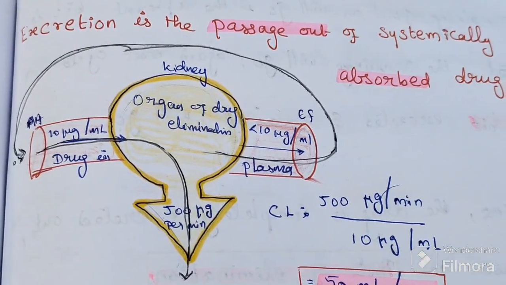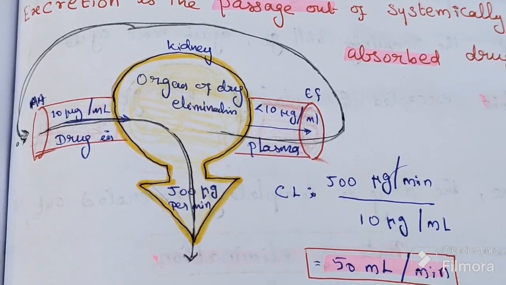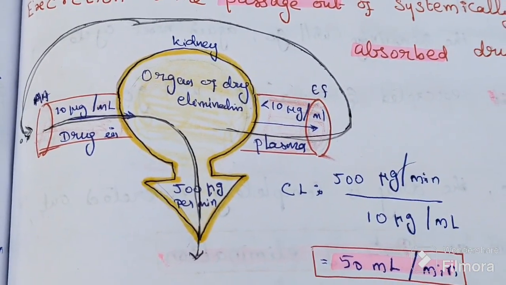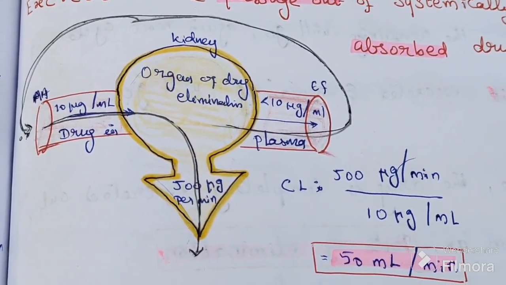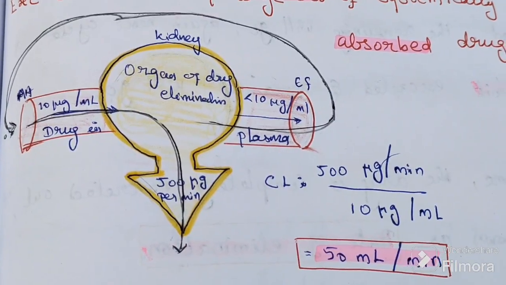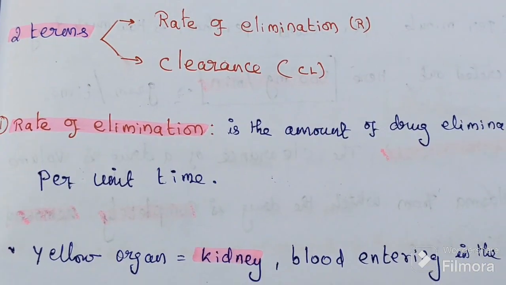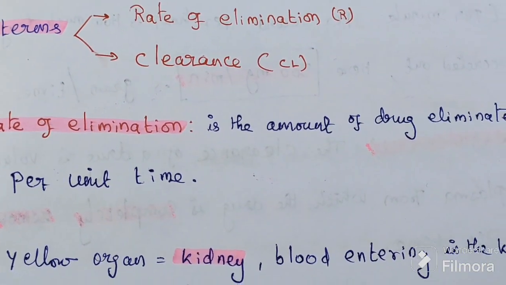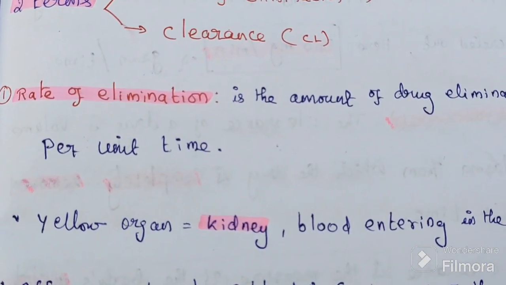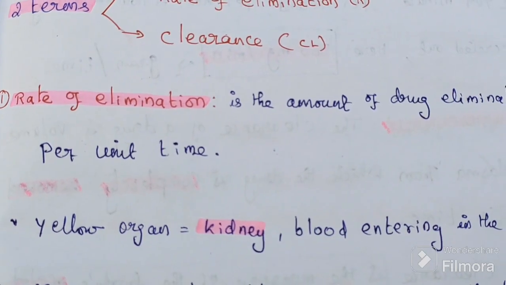Rate of elimination is how much drug is excreted per unit of time, how much drug is excreted in urine.